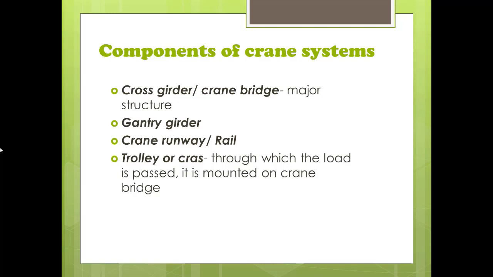Next we have the gantry girder, which we will study in detail. Then we have the crane runway or rail. Then we have the trolley or crab. The trolley is the one through which the load is passed. It is mounted on the crane bridge.